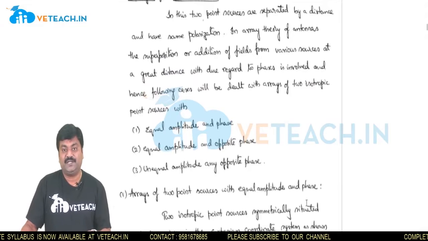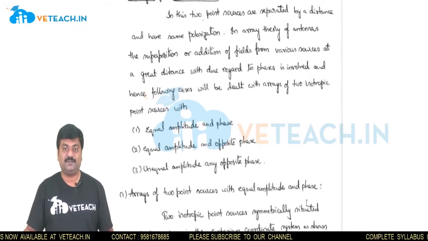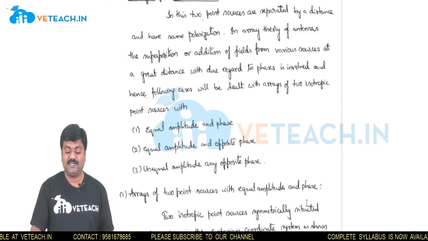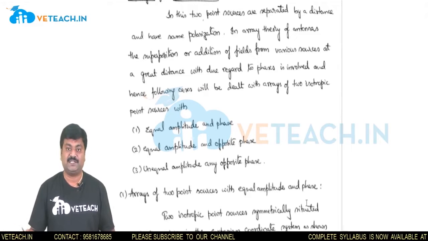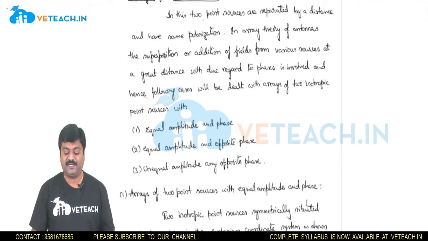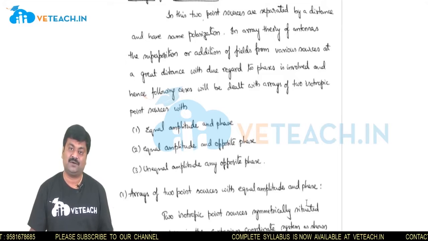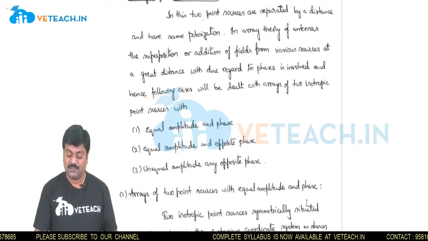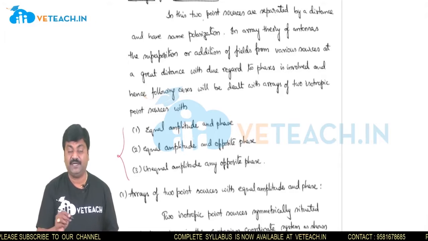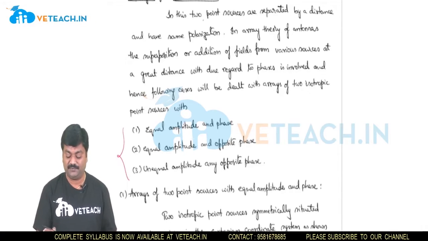So the first point here is arrays of 2-point sources, in what way they show the variations in current and phase. The first thing is that when an array structure is formed, we need to find out the total field pattern by adding the individual current elements along with the phase elements. So how many types do we have for adding the field to attain these current and phase patterns?